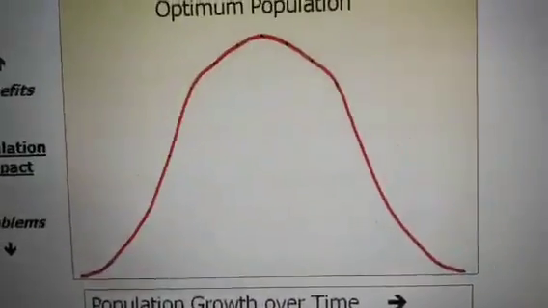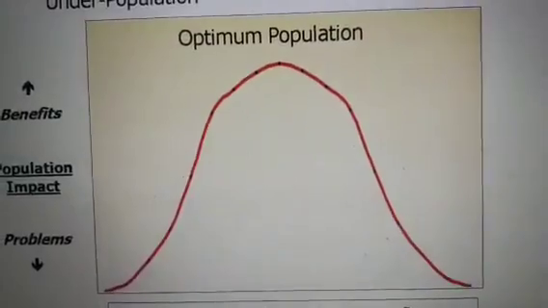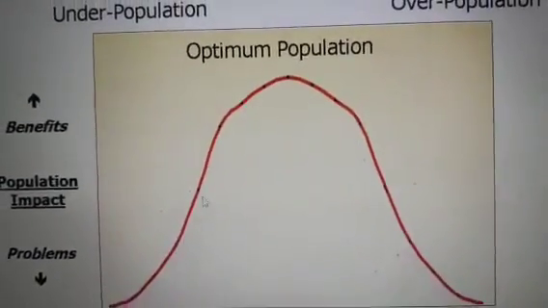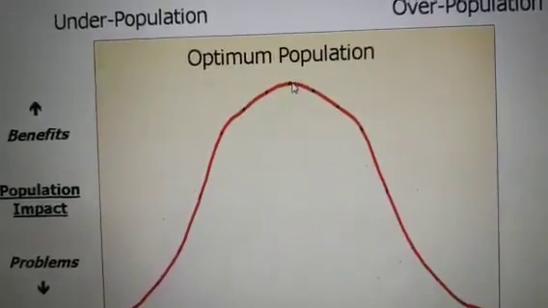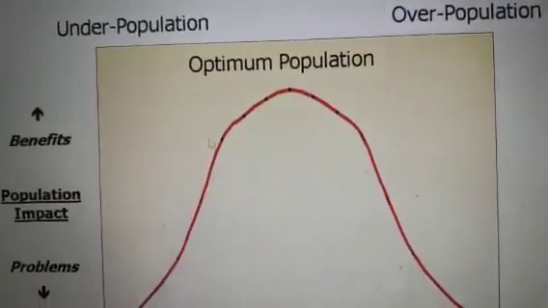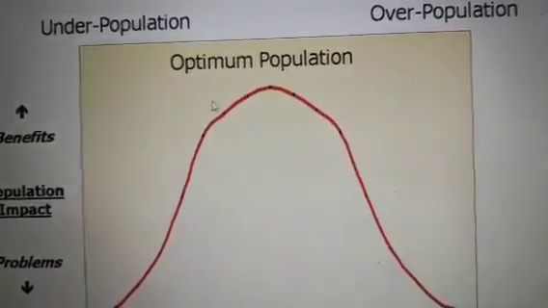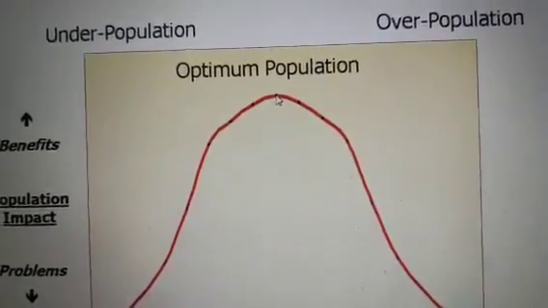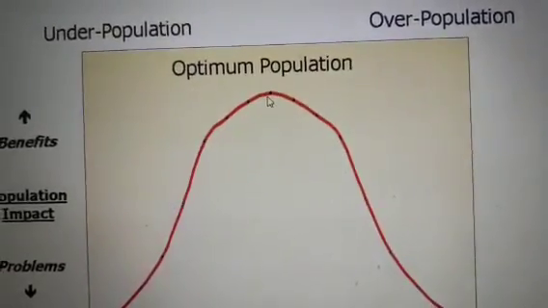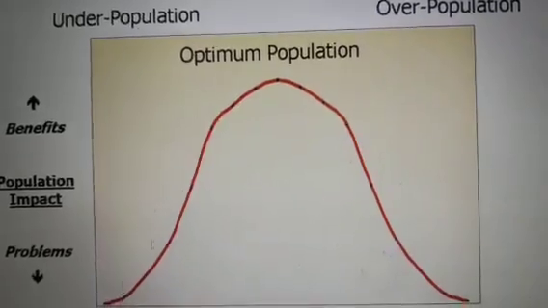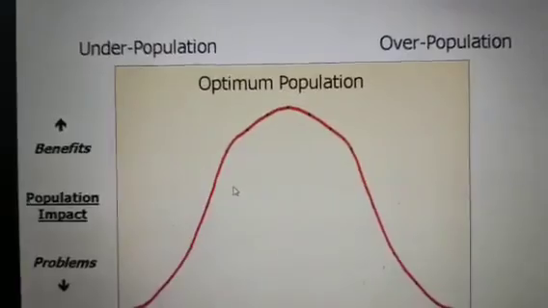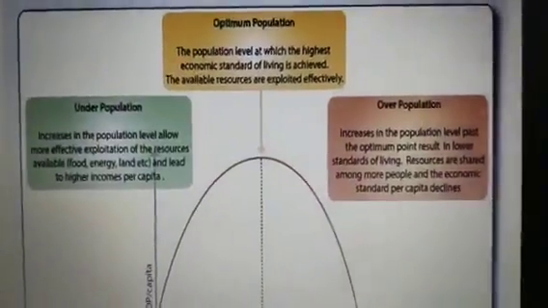You can see in this graph how population is increasing, and till this point of maximum, which is called the optimum population, this left side is underpopulation, and after this point, when population is still in a growing mode, this is called overpopulation, because after this point there will be problems, till this point there will be benefits. So this is the first diagram which we have to denote.